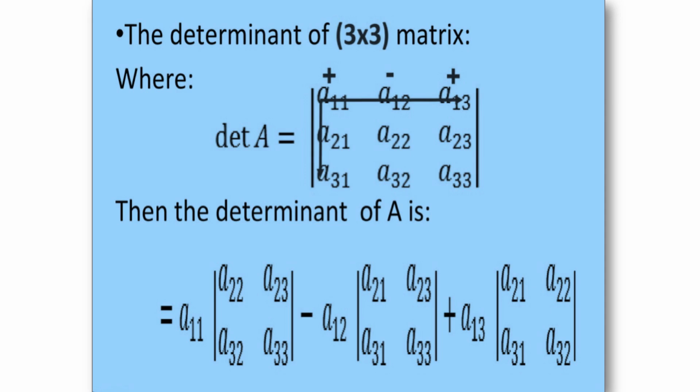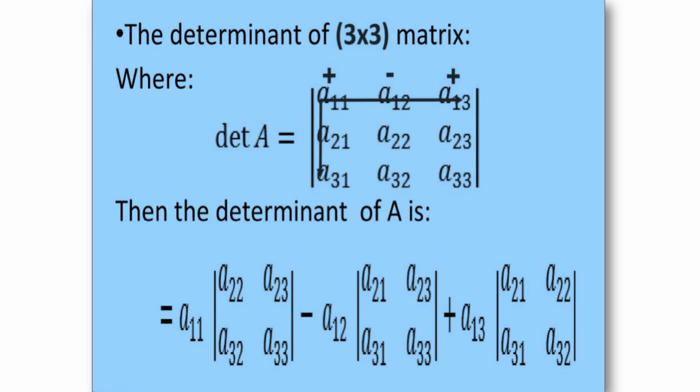As you can see in the slide, you can understand it better. The first row consists of A11, A12 and A13. When we take A11, we delete the row and column in which A11 resides, and the resultant is A22, A23, A32, A33.